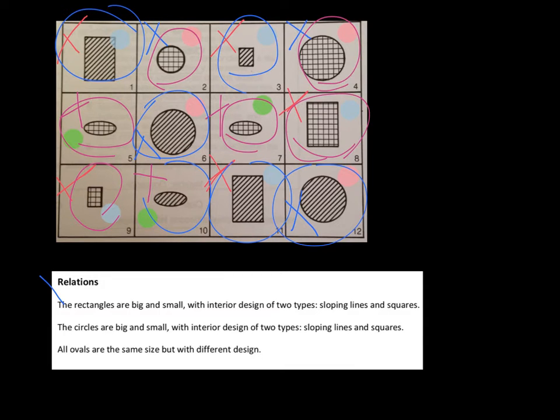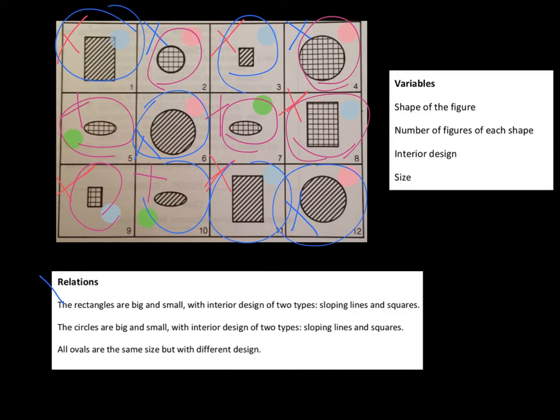According to the relations we have found, we're going to identify the variables. We have found 4 variables. One, shape of the figure. The second, number of figures of each shape. The third one, the interior design, and the fourth one, the size. The next step is to identify the variables that define similarities and differences.